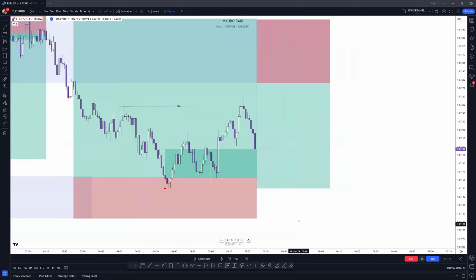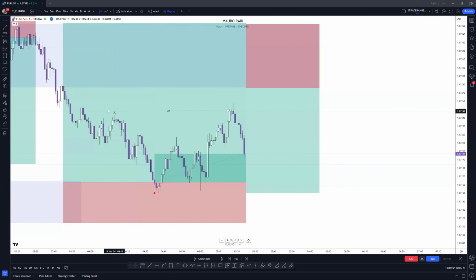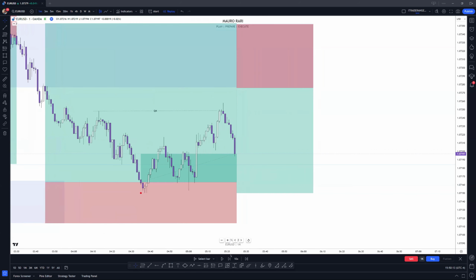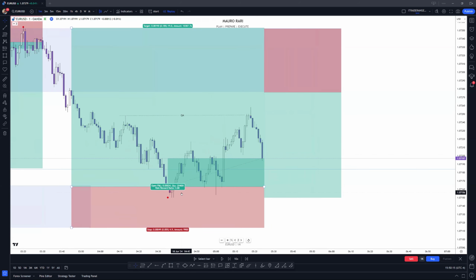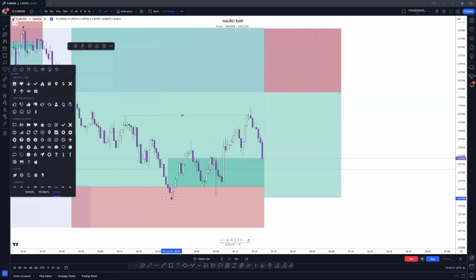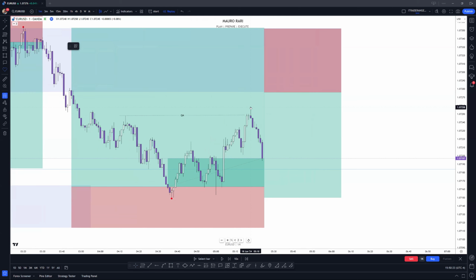Okay. Now, I want you to notice that after the price take the QM, in 1 minute now, we have what? We have an opposite 1 minute QM that is going to validate a range from this low to this high, okay? I have a QM right there.